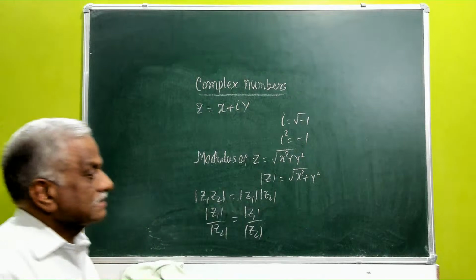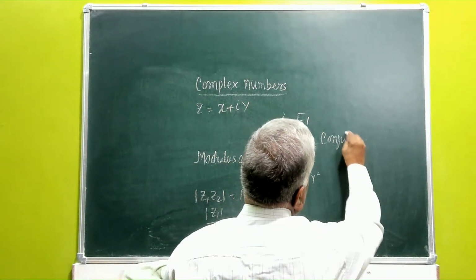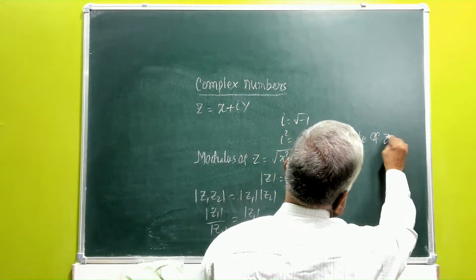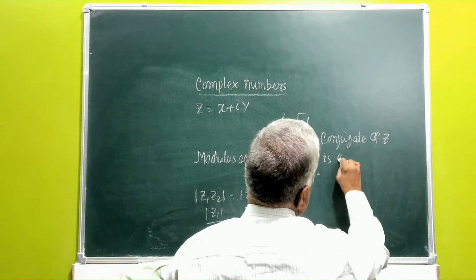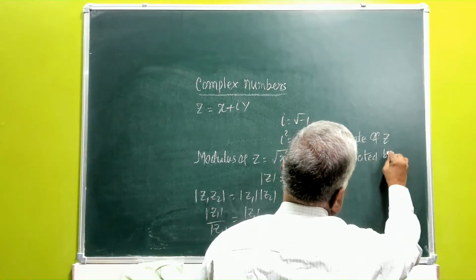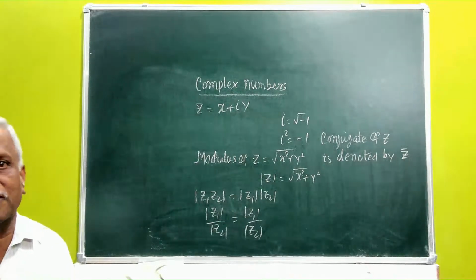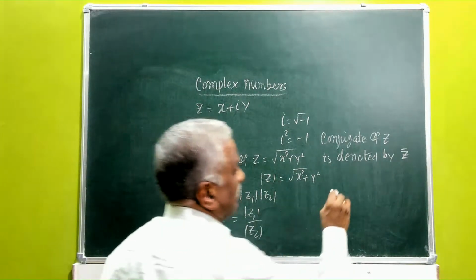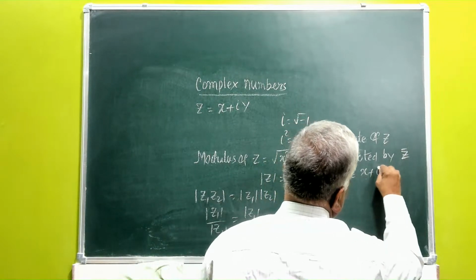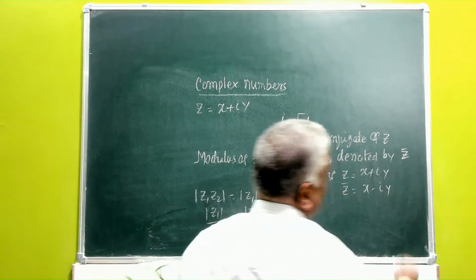The other thing they ask is what is called the conjugate. Conjugate of z is denoted by z bar. All of you know this, but I am just helping you to recall. If z is equal to x plus iy, then z bar is equal to x minus iy.